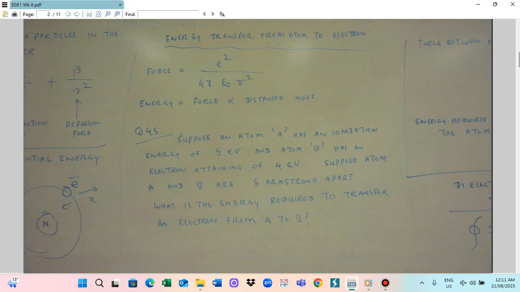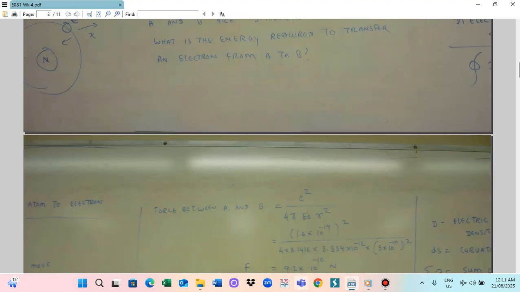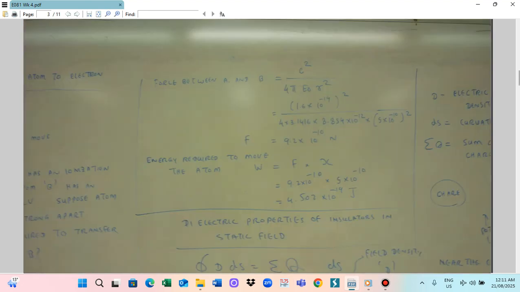They have got the energy and they are distant, so we need to calculate the energy transfer from A to B. Firstly, we have to calculate the force between A and B. From the given equation, e squared divided by 4 pi epsilon-naught R squared, we can calculate the force between A and B.